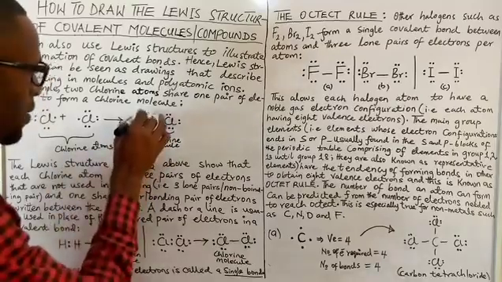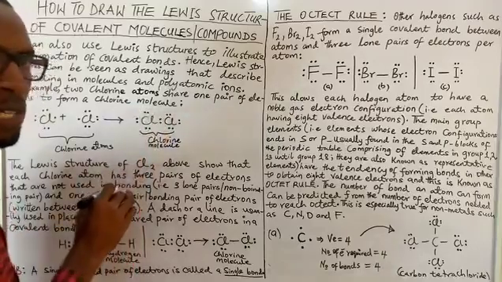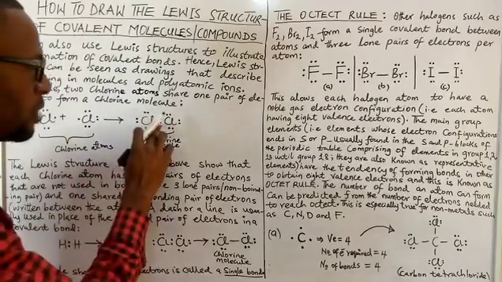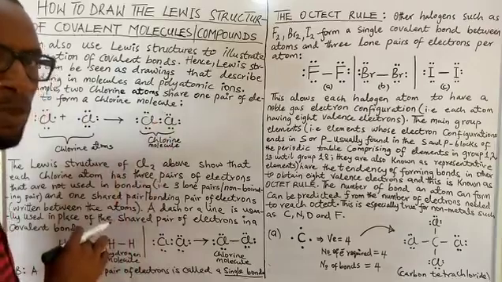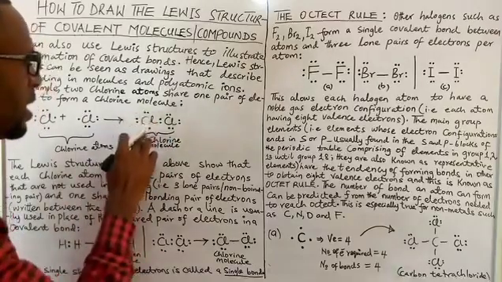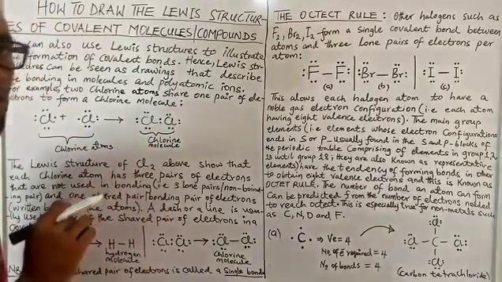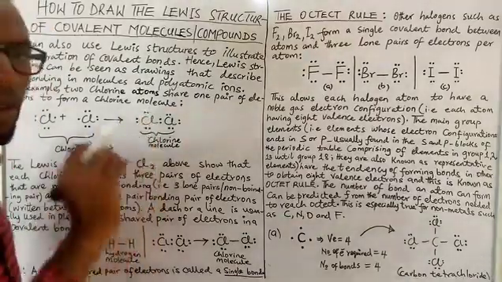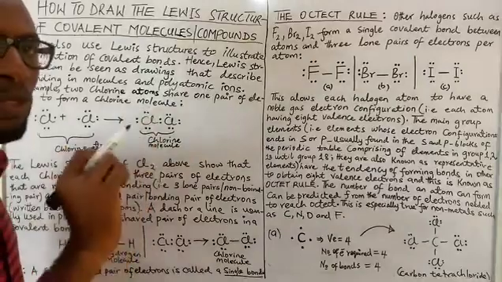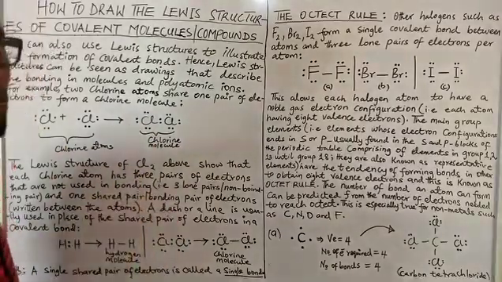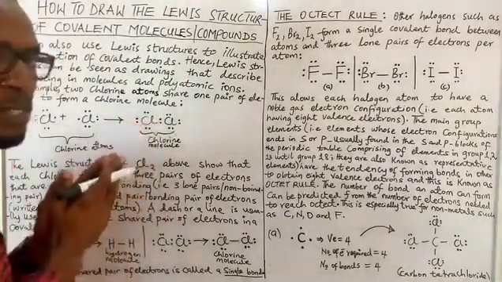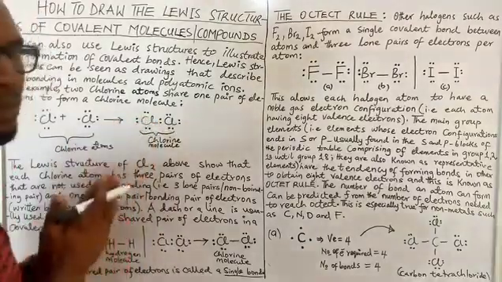You also have another pair of electrons that never took part in this chemical bonding. These electrons are known as lone pairs of electrons.